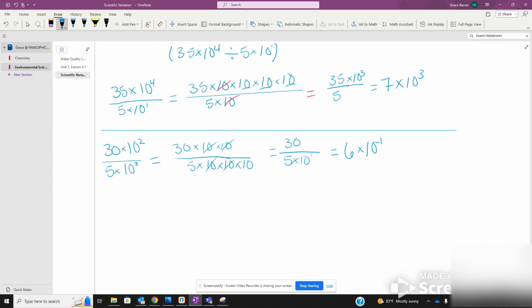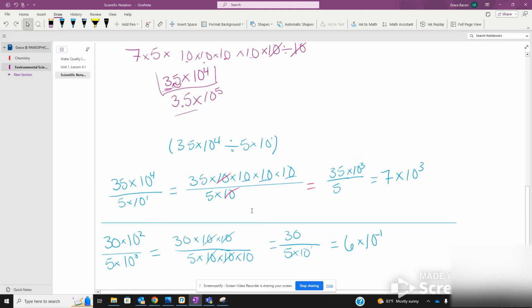And so let's figure out what the rule is. So here I have a division of 30 over 5, and then for my exponents, I just did 2 minus 3 to get negative 1, just like when we talked about our exponent rules. And that's going to be the same on top. I have 35 divided by 5 gave me 7, and 4 minus 1 gave me 3.